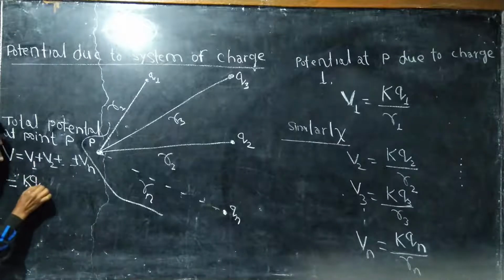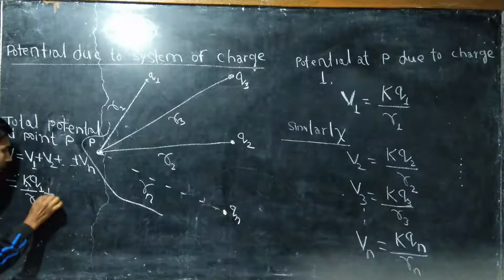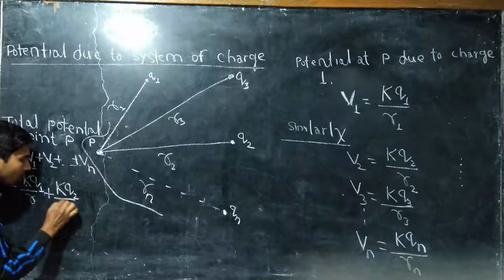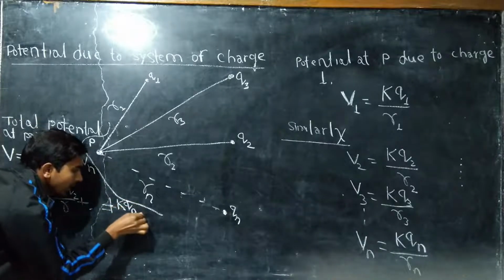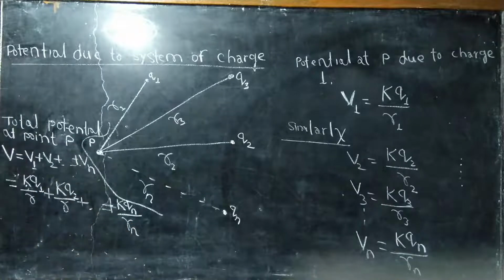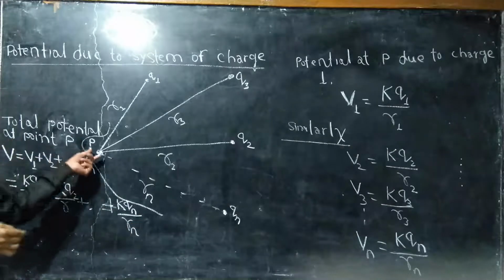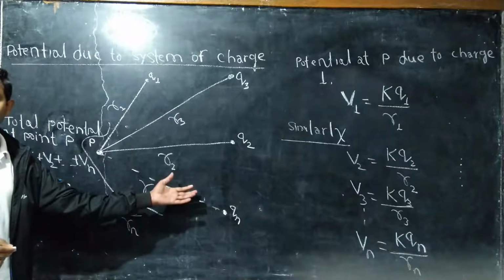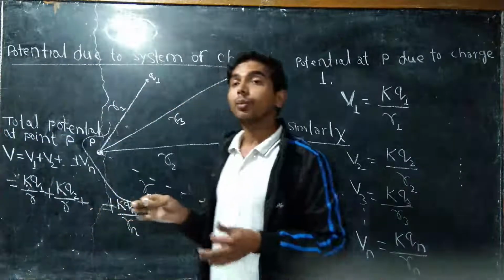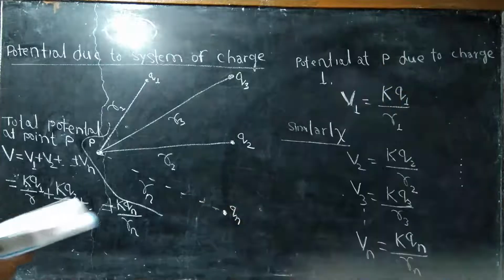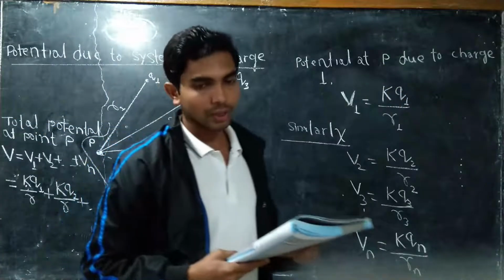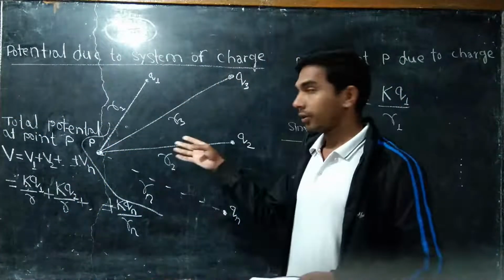So V1 is kq1 by r1, plus kq2 by r2, plus dot dot dot, plus kqn by rn. This is the potential at P due to a system of charge. This way you are able to find the potential at a point due to a number of charges. Next I'm going to take one example on this formula.